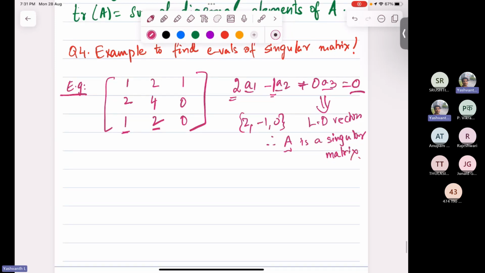So what is the procedure? Det of A minus lambda I equal to 0.